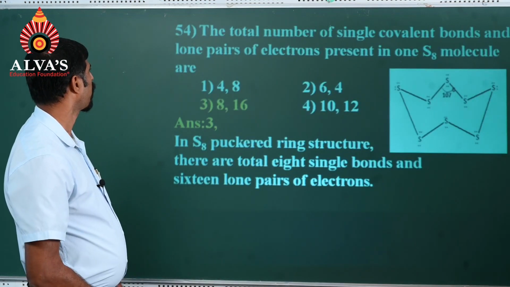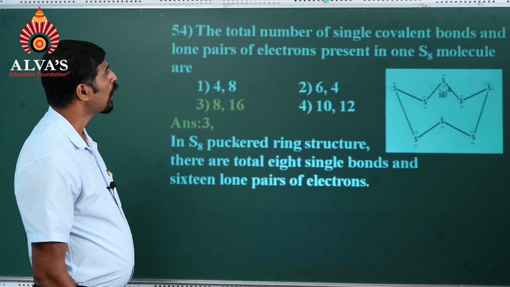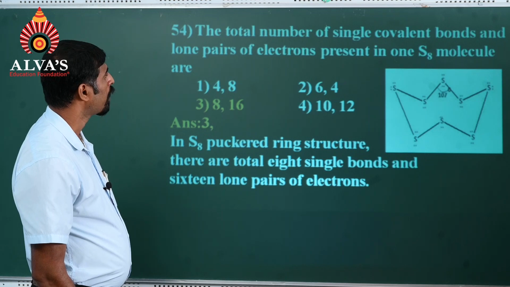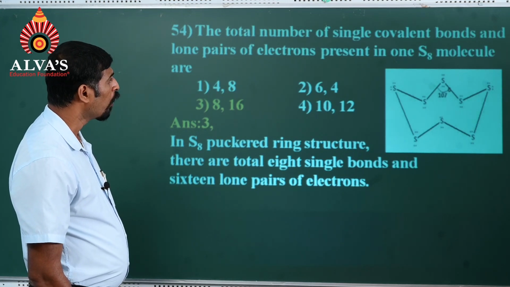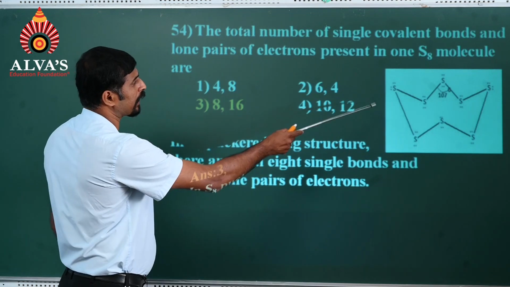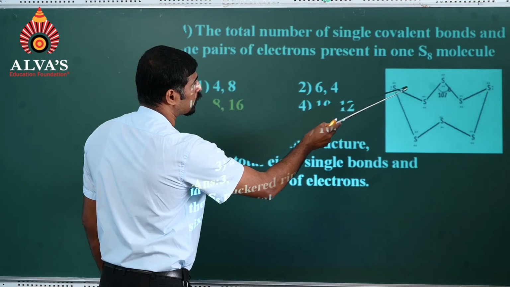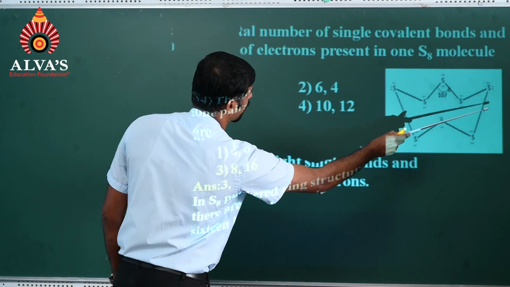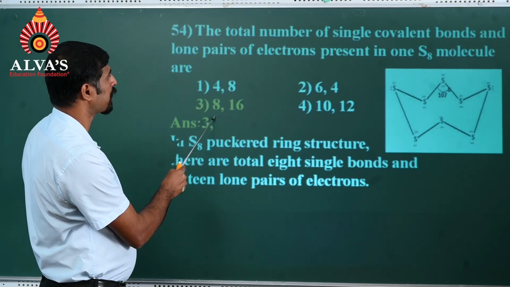Next, we'll move on to question number 54. The total number of single covalent bonds and lone pairs of electrons present in one S8 molecule are. Now, see the structure of an S8 molecule. In that, 1, 2, 3, 4, 5, 6, 7, 8, 8 single covalent bonds are present.